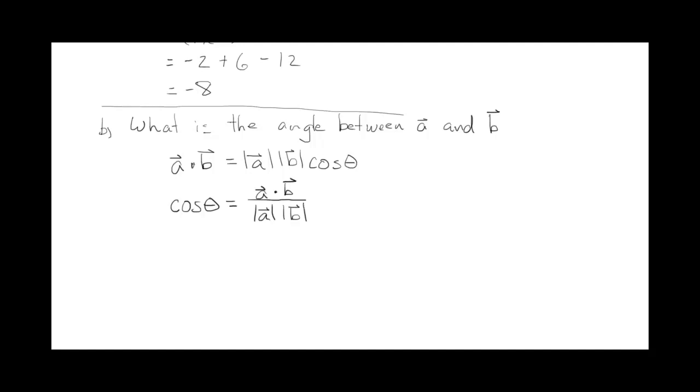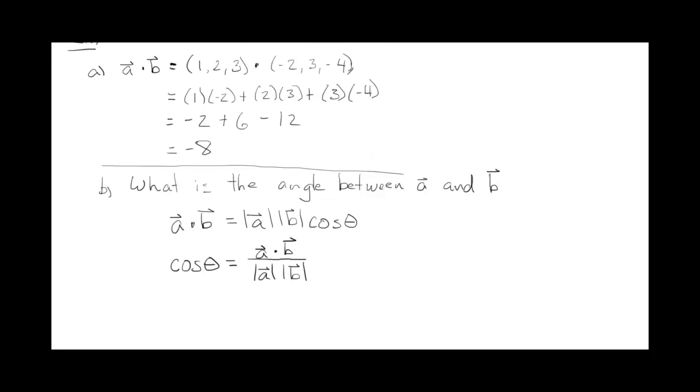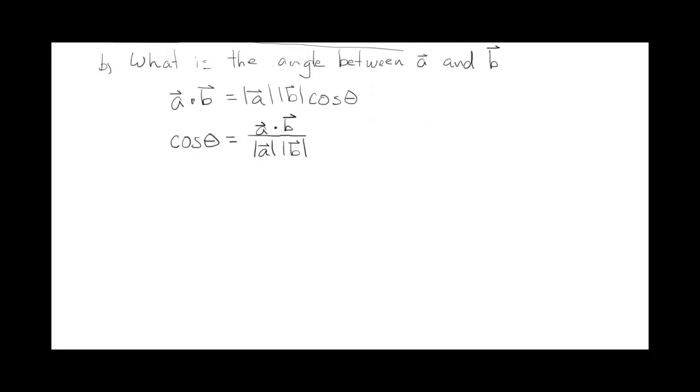Well, A dot B we calculated as -8. So we know the numerator here is -8, and that's all over, this might take a little bit of work, the magnitude of A. Remember A was the vector 1, 2, 3, so that's going to be 1 squared plus 2 squared plus 3 squared.